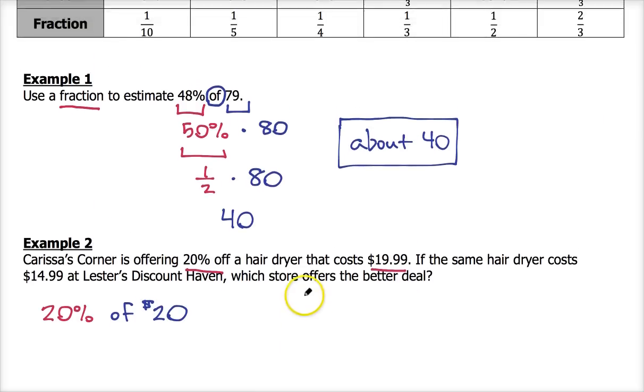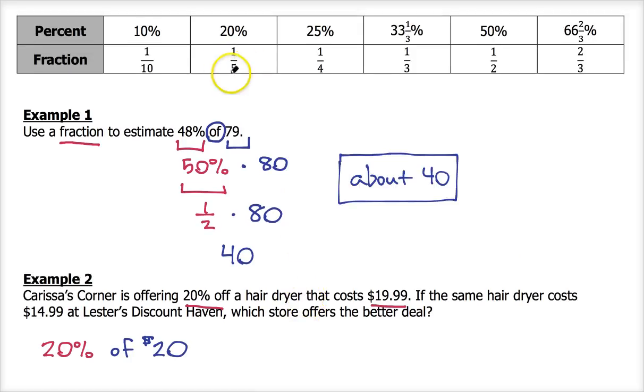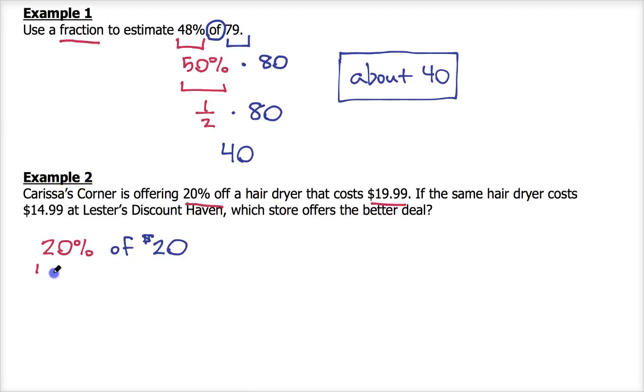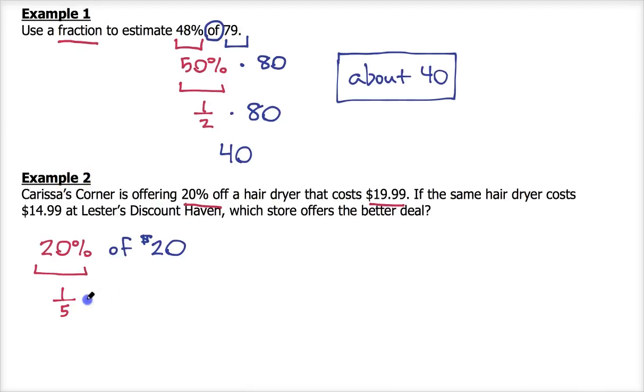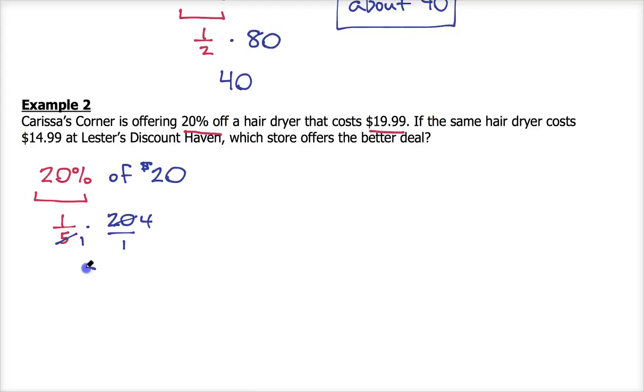Going back to our table, 20%, its fraction equivalent is 1/5. So I'm going to change 20% to 1/5 and take 1/5 times 20. 1/5 times 20 is going to give me 4. And so that means the discount at our first store, Carissa's Corner, is about $4.